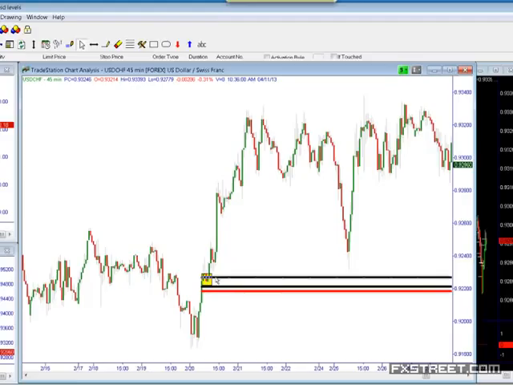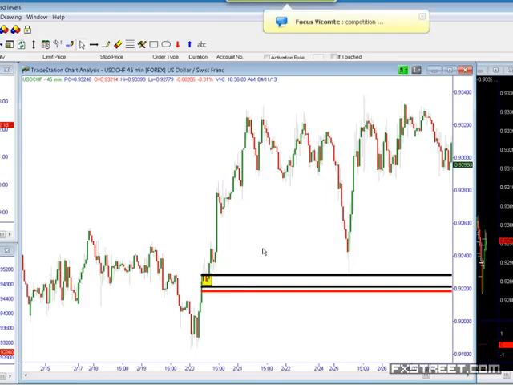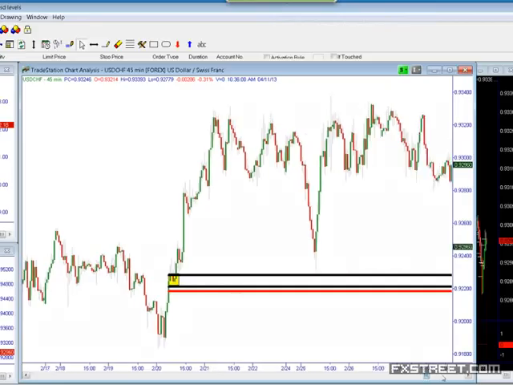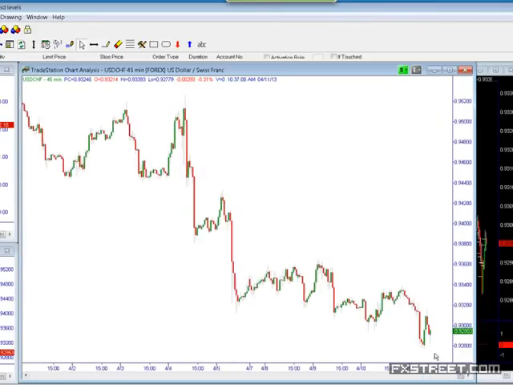But the reason I would probably get in a little bit before that is because you're going to have a tough time getting filled down there. Now remember, this is a spot, exactly, competition, exactly. So remember, this is a spot market, so if and when price comes down there, price is drifting lower now.